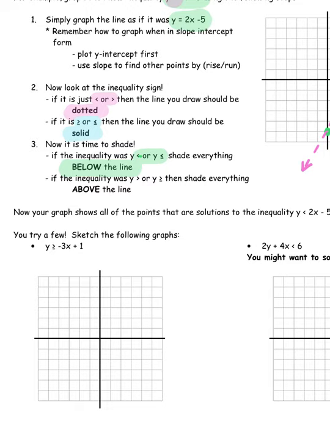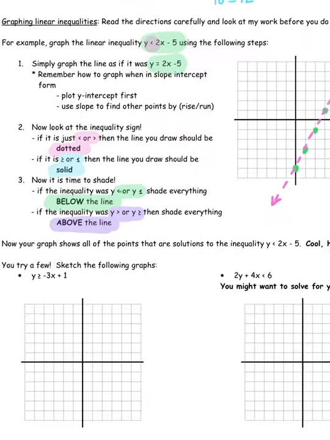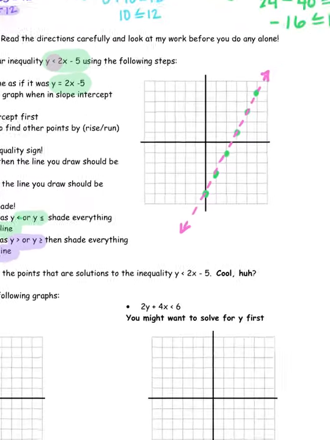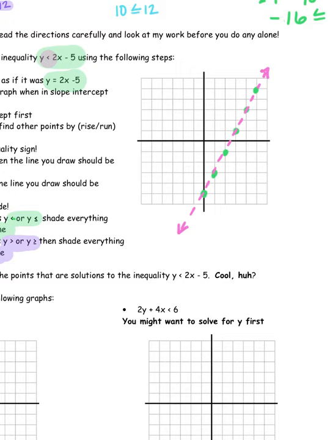If the inequality is y is greater than or equal to, we're going to shade everything above the line. So now let's look back at our inequality. It's y is less than 2x minus 5. So less than tells me I'm going to shade below the line. So that means I am going to shade all of this region right here. This is below the line.